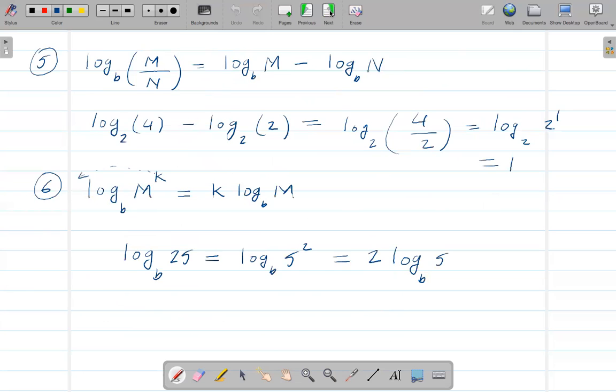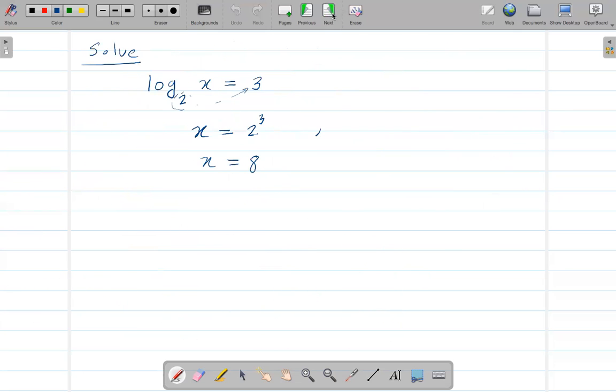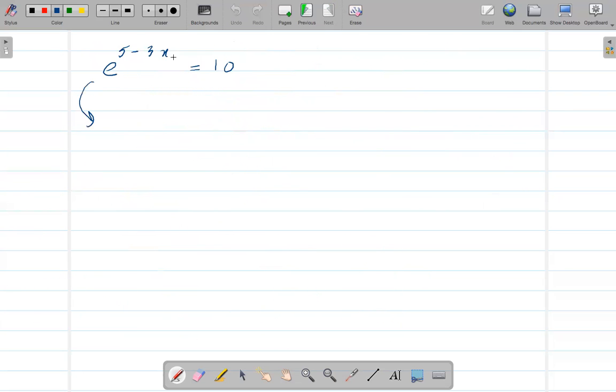Same idea here. This thing on the power will be on the left hand side, equal to log base e of 10. This e is now the base of the log. So I can even write this as natural log of 10, because log base e is natural log.